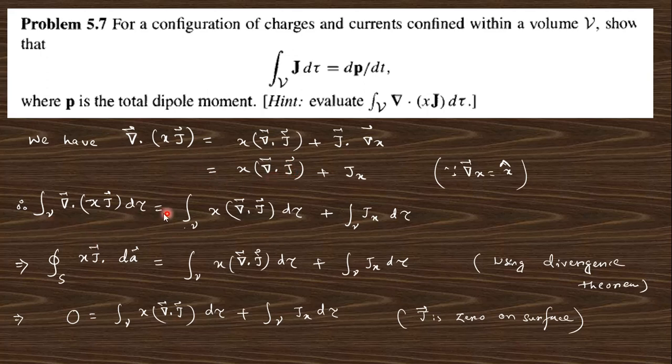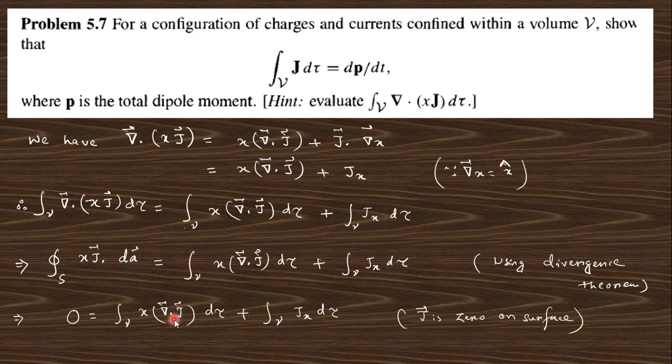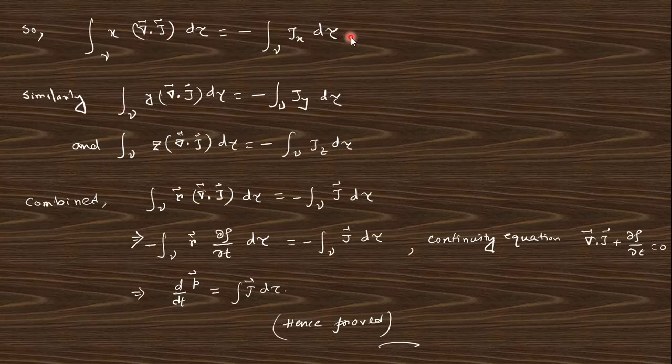Just integrate throughout the volume of this expression, using the divergence theorem. This volume integration changes into a surface integration, and these two remain the same. This surface integration will be 0 because the charge is actually within the volume, but on the surface the charge density will be 0. Put these two values in, so this integration will be minus that one. Clear?